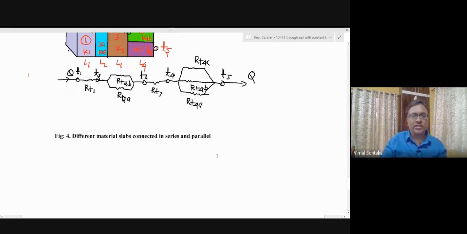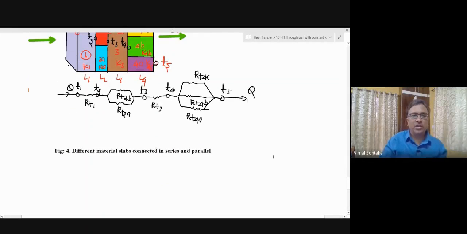Now further I can simplify this circuit, writing down thermal resistances RT2A and RT2B as an equivalent thermal resistance. So it will become RT1 between T1 and T2. It will become RT2 equivalent between T2 and T3.